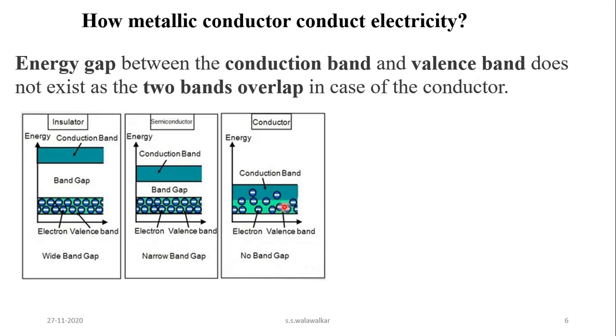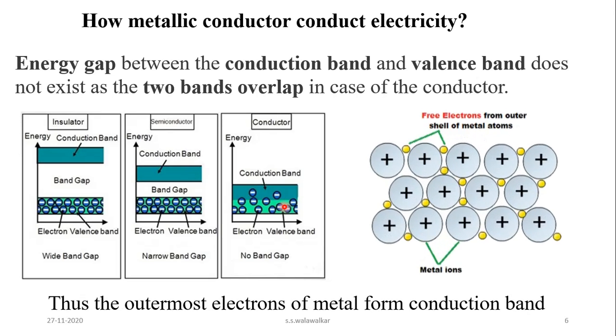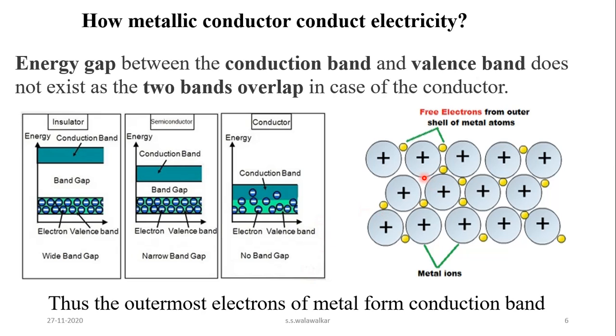To understand this metallic conduction, consider here a metal sheet. You have studied in solid state that in a metal crystal, positively charged metal ions, called kernels or cores, are present in a sea of mobile electrons.